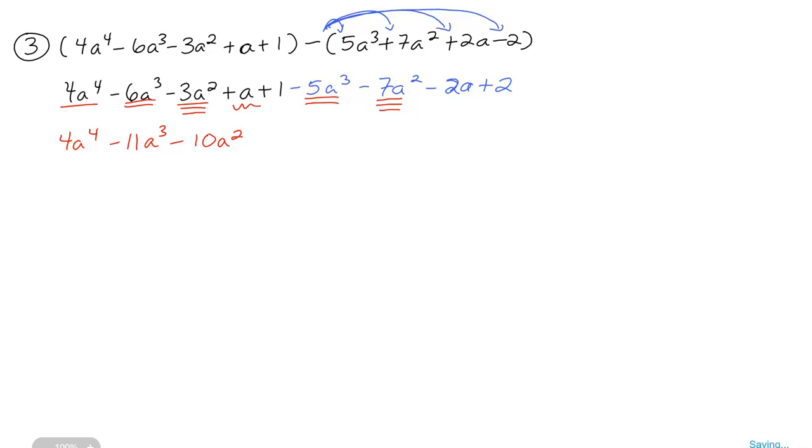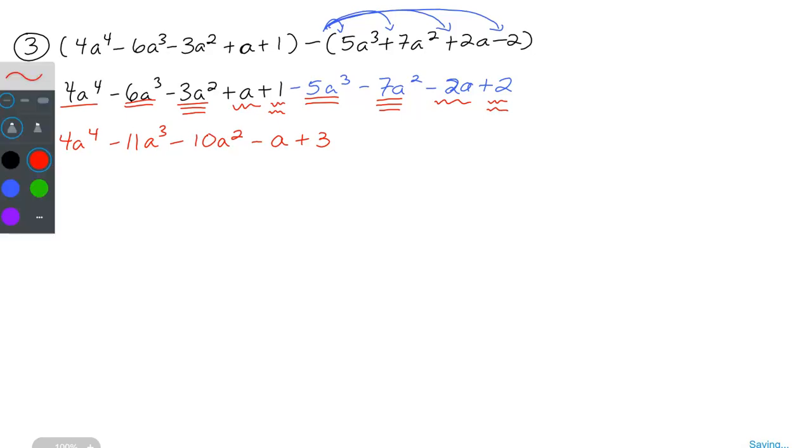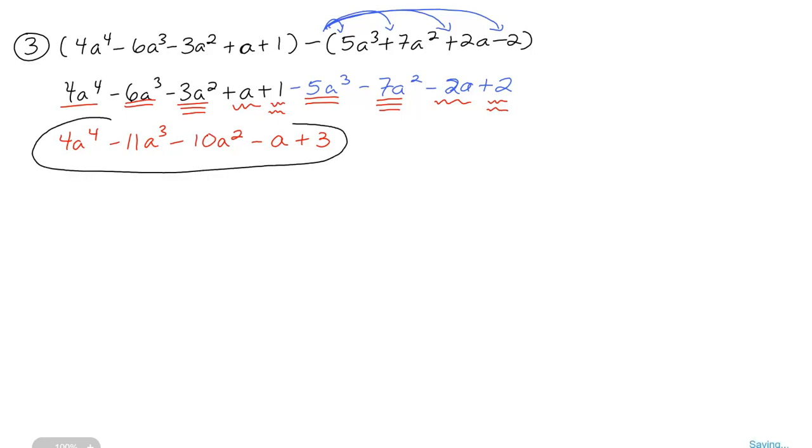And then 1a minus 2a is minus 1a. And then my constants, 1 plus 2 would be plus 3. That is our answer for this one.